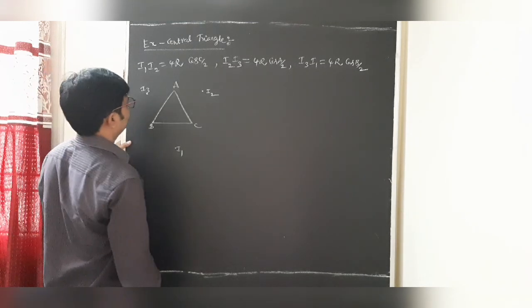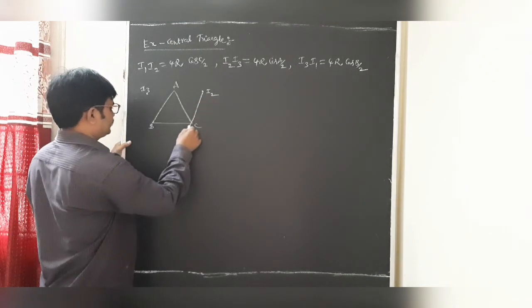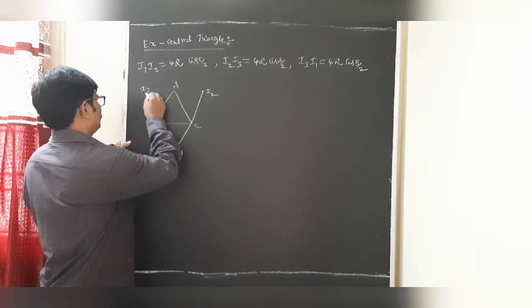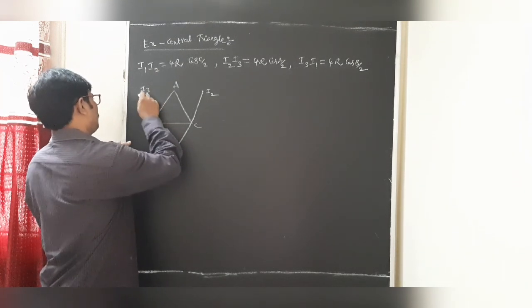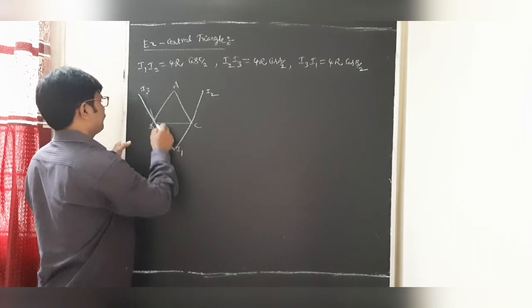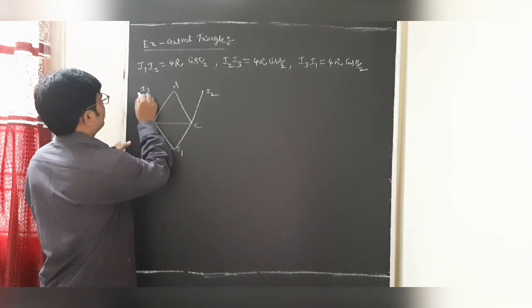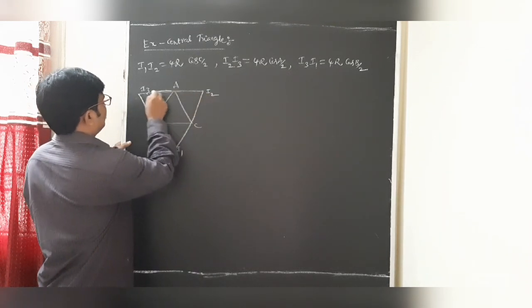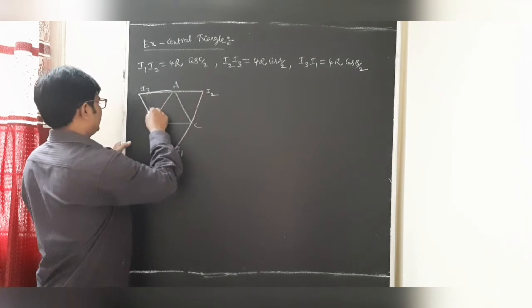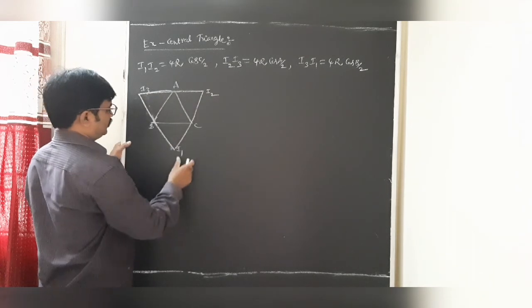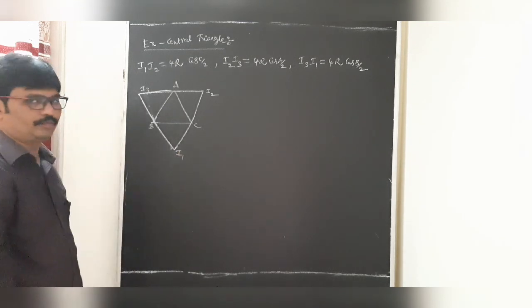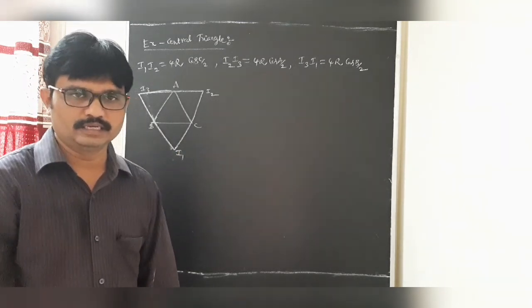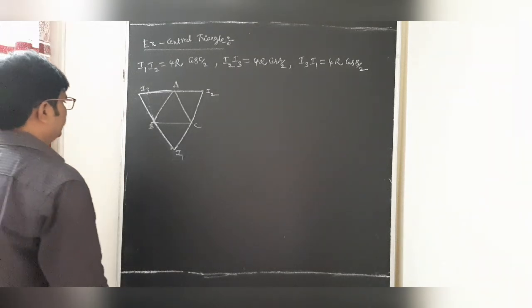So my dear students, the triangle formed by I1, I2, I3 is called the excentral triangle.